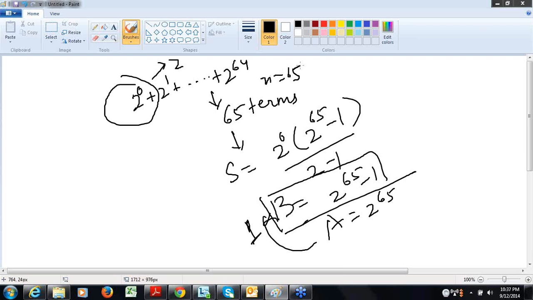Put all these values and get B is equal to 2 to the power 65 minus 1 and A is 2 to the power 65. So that means A is greater than B by 1. Clear, Abhishek? Everybody clear? Okay, go ahead.